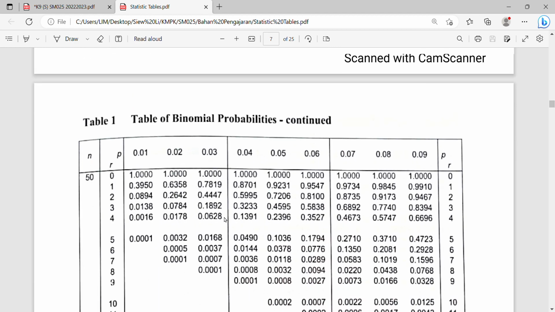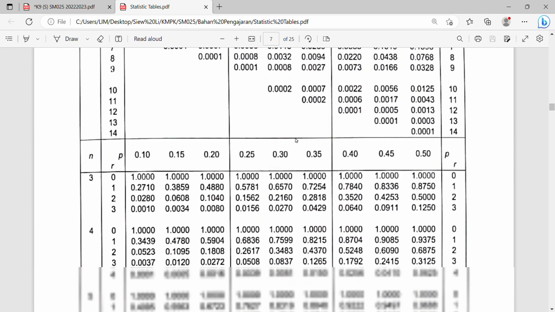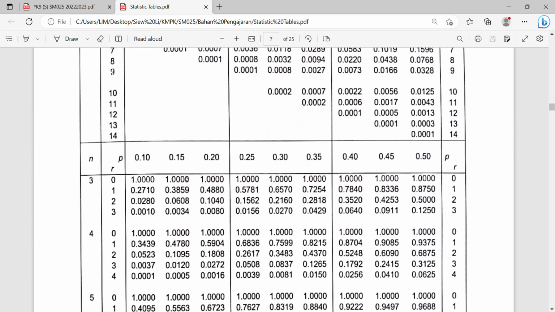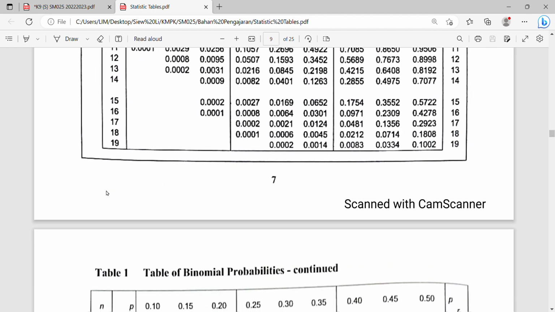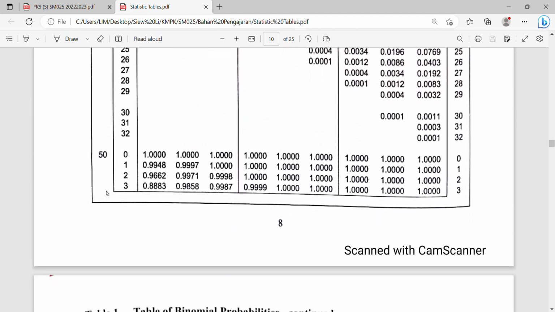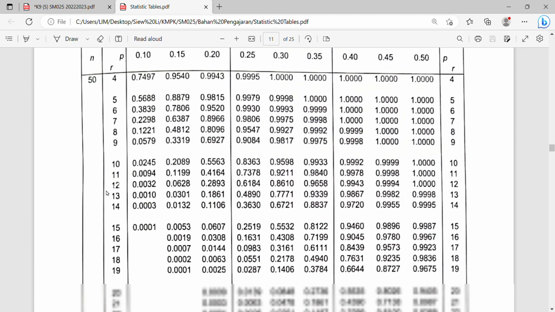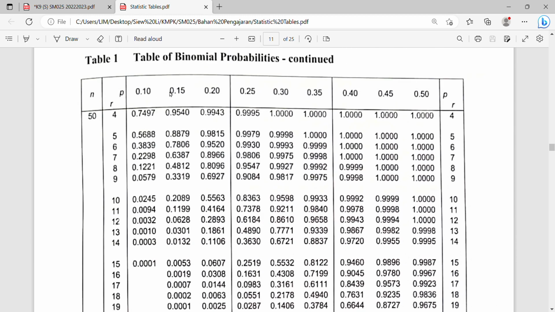Probability besar sikit tu dekat muka surat 5. So dia start 0.1, 0.15. So start balik. Sample boleh baca sehingga maksimum 50. So kadang-kadang kita akan jumpa probability yang tak ada kat sini. So table ni tak boleh baca semua soalan. Sesetengah situasi saja yang kamu boleh nampak, you boleh tengok probability di sini dan sample di sini.